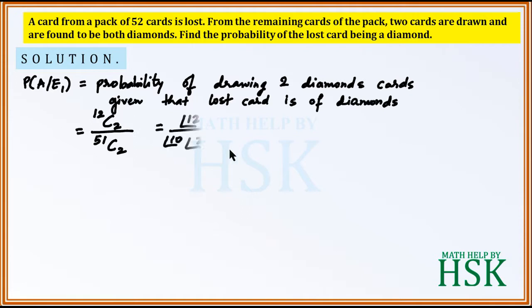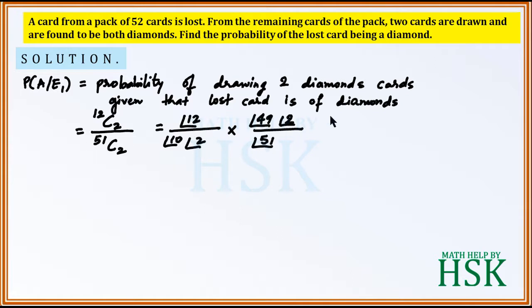This is equal to 12 factorial upon 10 factorial into 2 factorial, into 49 factorial into 2 factorial upon 51 factorial. Here it should be noted that the value of 51C2 is written reciprocal because 51C2 is dividing.